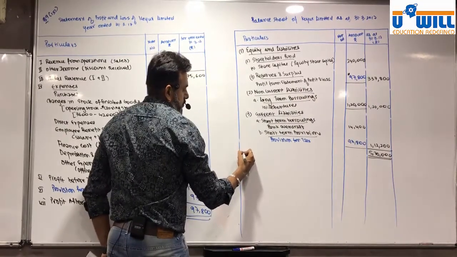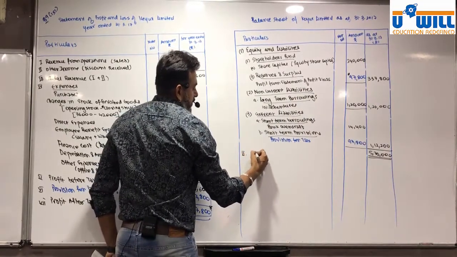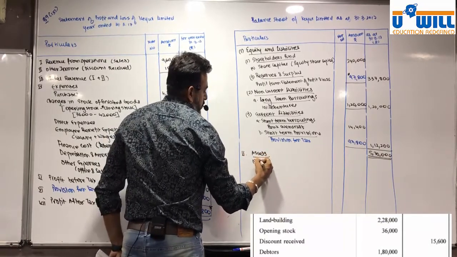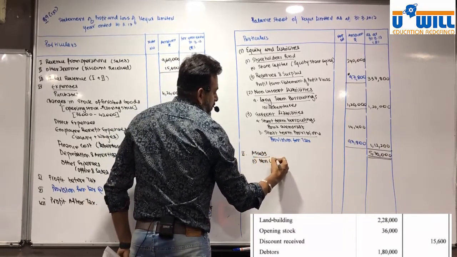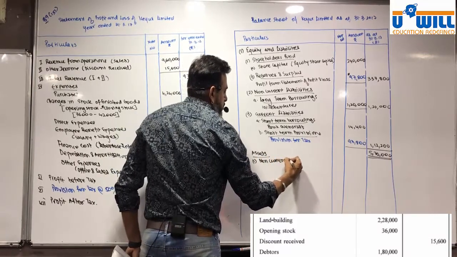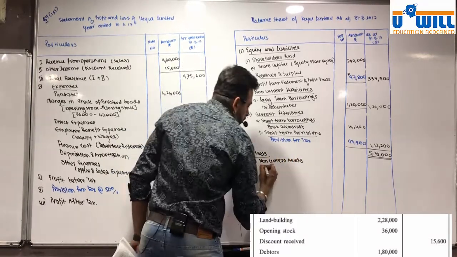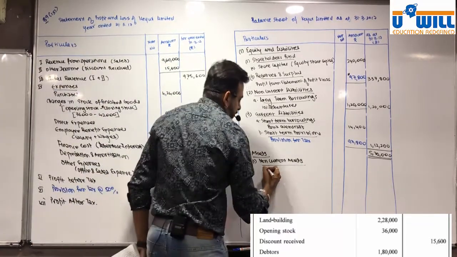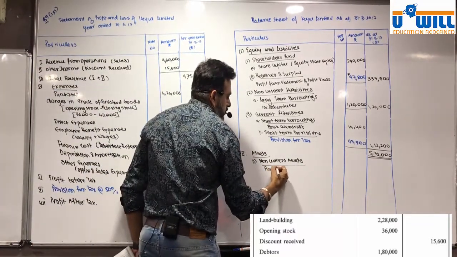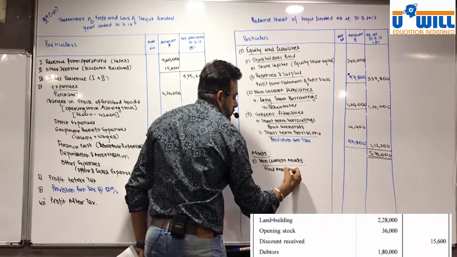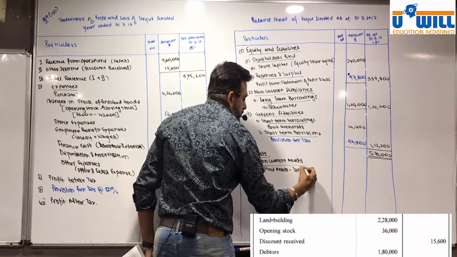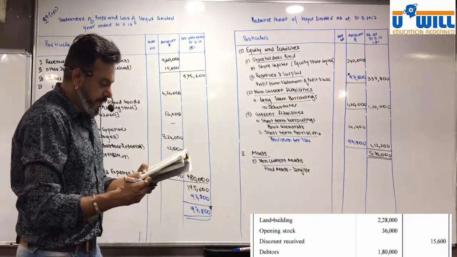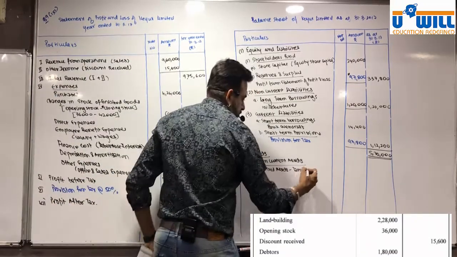Second, assets. First, non-current assets. In non-current asset, fixed asset, tangible. What do we have in fixed asset? Tangible, land and building.